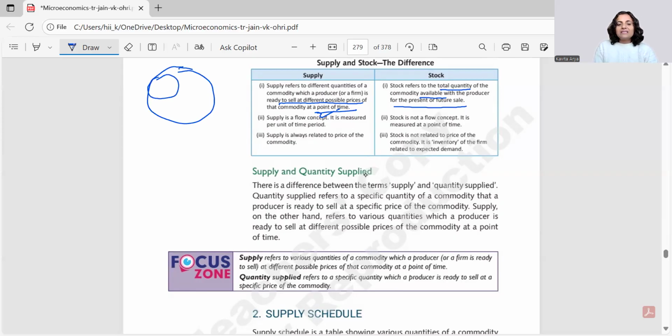So stock includes the present as well as the future dates. Supply is a flow concept. We are talking about how much has been supplied during this period. Stock is not a flow concept. It's a stock concept because it is measured at any point of time. Supply is always related to the prices of the commodities, right? Stock is the inventory concept. It's not related to the prices.